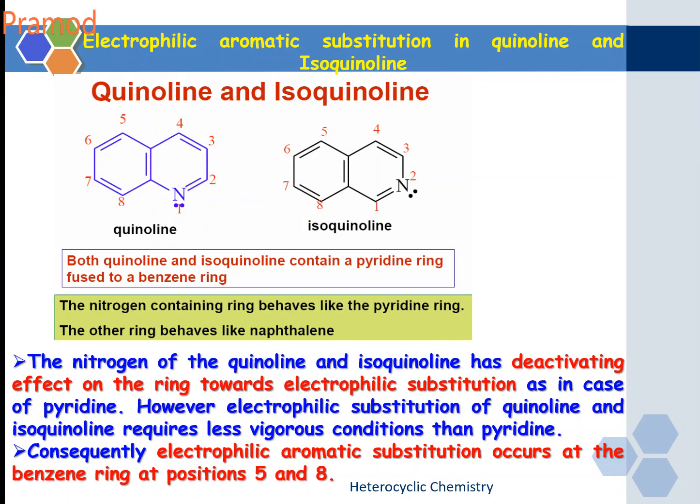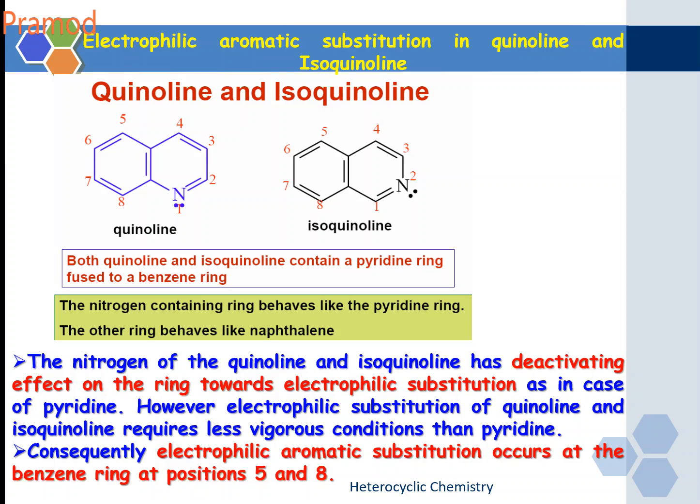Similarly, as we said, it will undergo an electrophilic substitution reaction on the benzene ring, at the 5th and the 8th position. Because the nitrogen, as I explained, in quinoline and isoquinoline has a deactivating effect on the ring for electrophilic substitution, the substitution takes place on the benzene ring part.